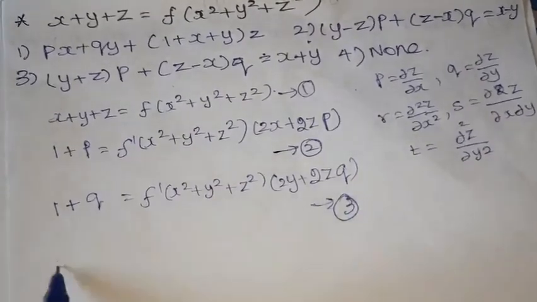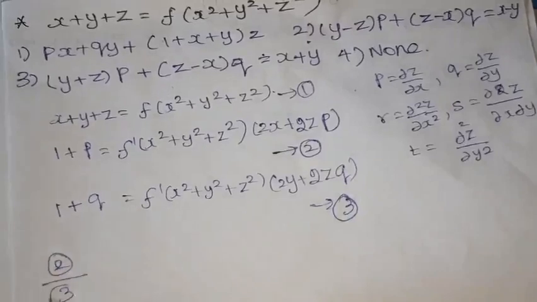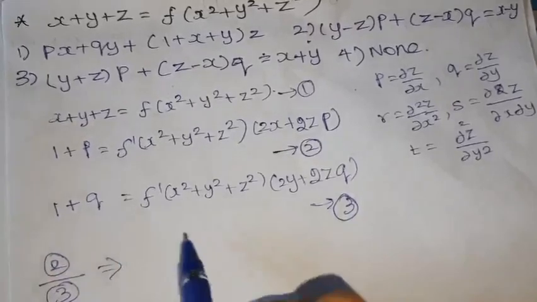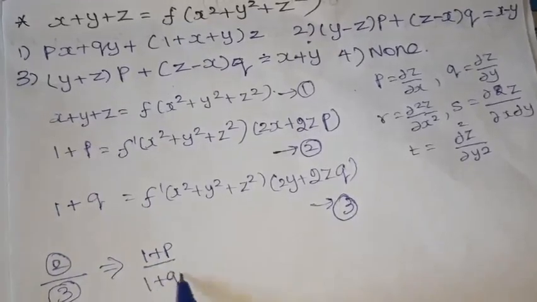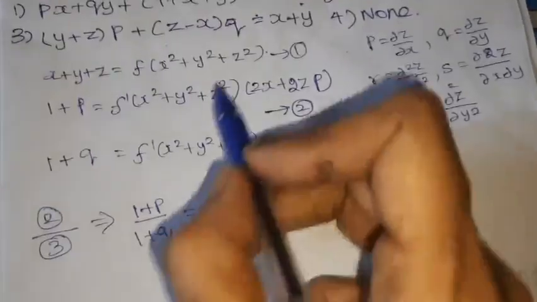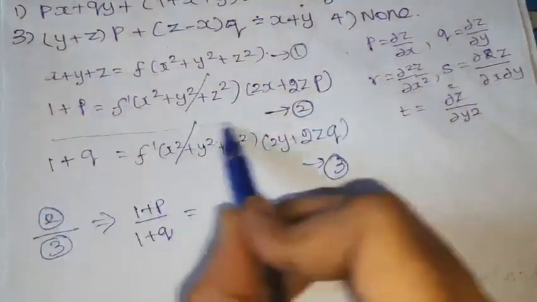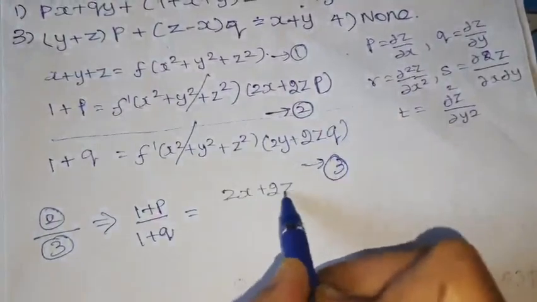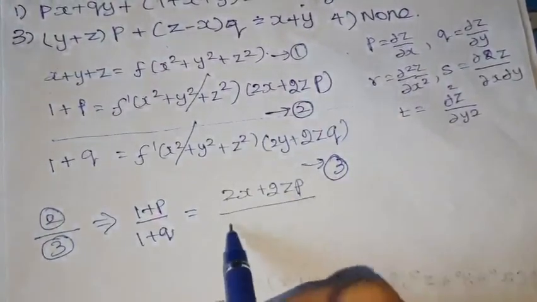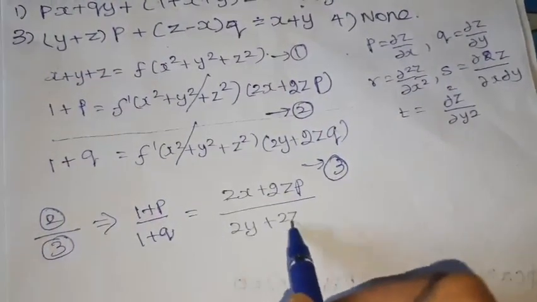Then divide equation 2 by equation 3. What will we get on the left hand side? 1 plus p by 1 plus q equals, with the f dash terms cancelling, 2x plus 2zp divided by 2y plus 2zq.